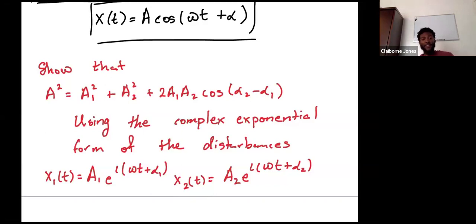This exercise is going to give you a little more familiarity with complex exponentials. I'm debating whether I want to share a hint with you on this one. Actually, no, I'm not going to give you a hint for this one. But you can look at the Instagram if you need any assistance.